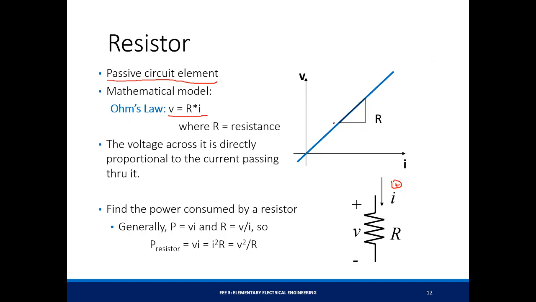So the more current that passes through the resistor, the more voltage it has. So that's actually defined by Ohm's law anyway. So the power consumed by a resistor is equal to this equation right here, which is defined by the resistance. So if you have a given current across a resistor, you can actually get the power immediately using this equation.